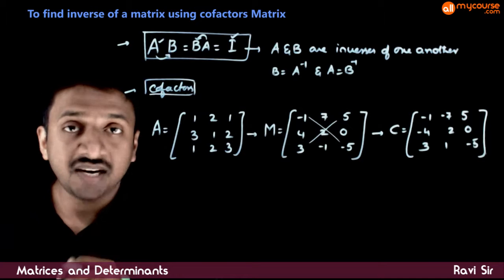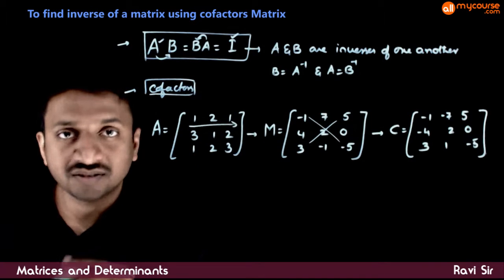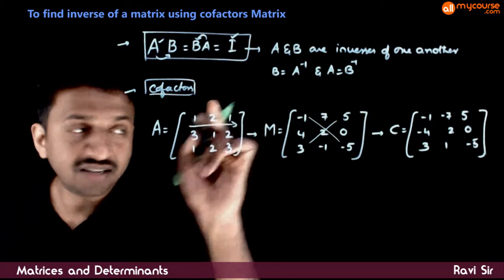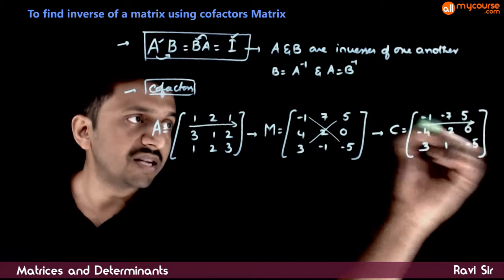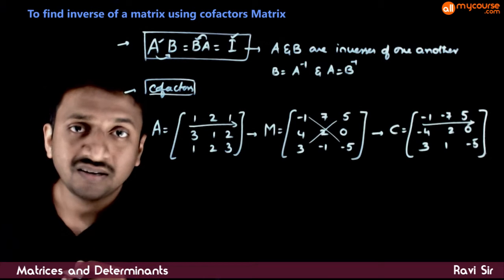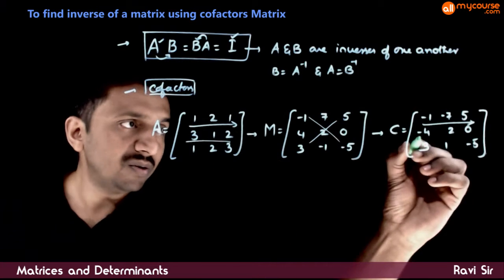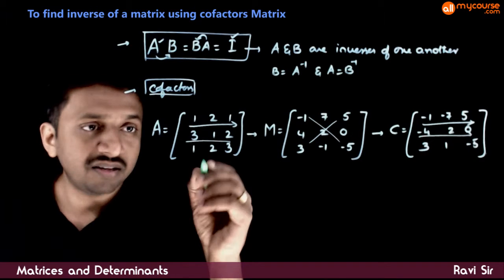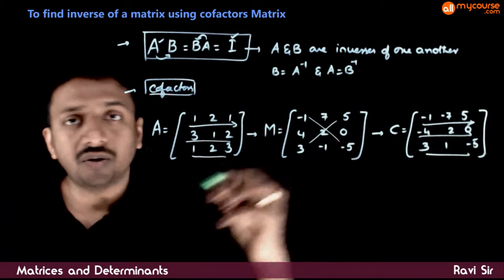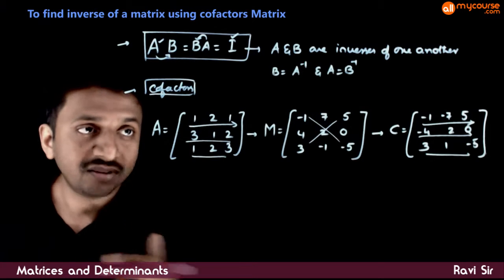And what is the speciality of the cofactors matrix? If you take the first row of A and multiply with the corresponding row of the cofactors matrix, you get the determinant as the answer. Second row into second row, determinant. Third row into third row is also the determinant. And what is the next property?